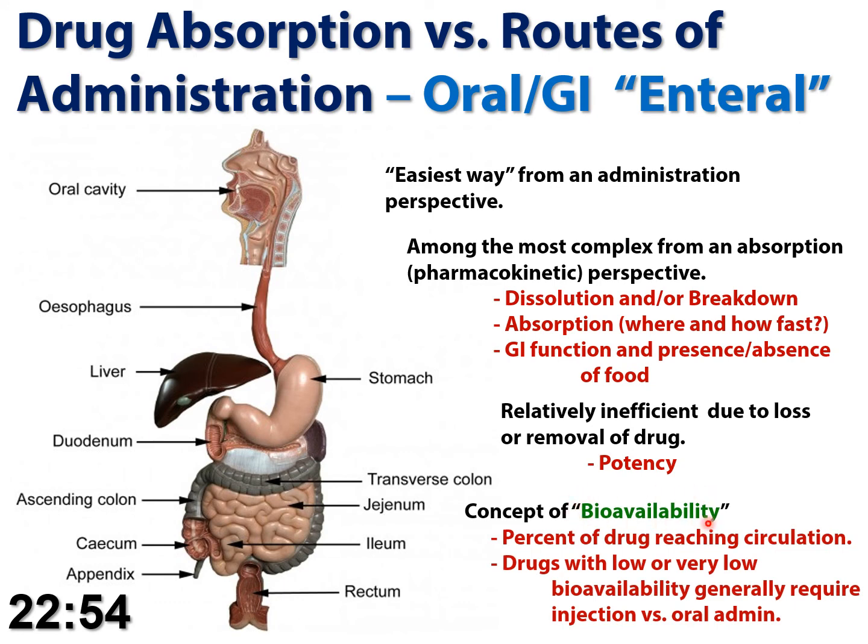That's known as bioavailability. That is to say, the percent of drug that actually reaches circulation. And in the case of oral routes, that bioavailability is generally 1% to 10% at max.